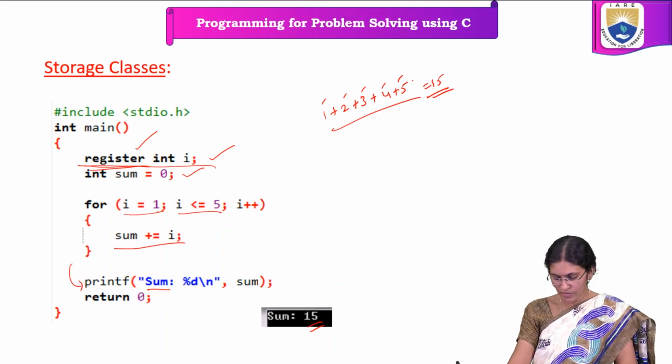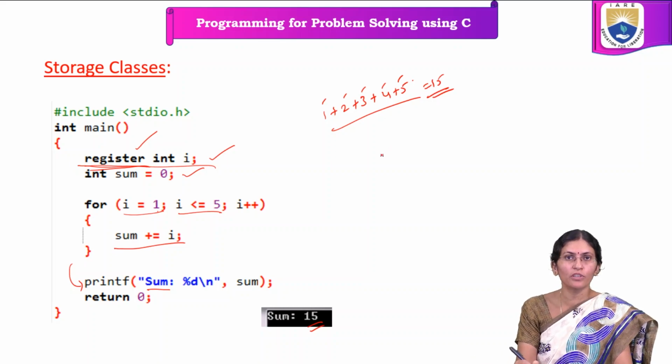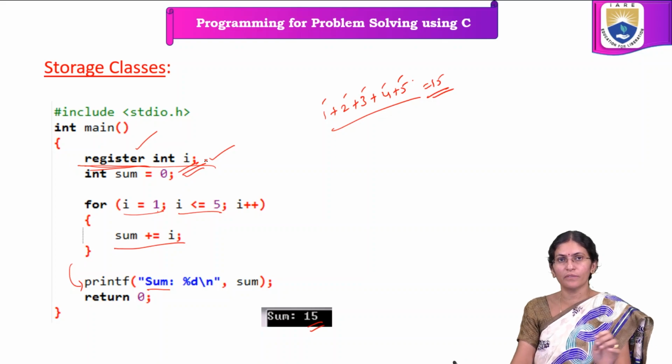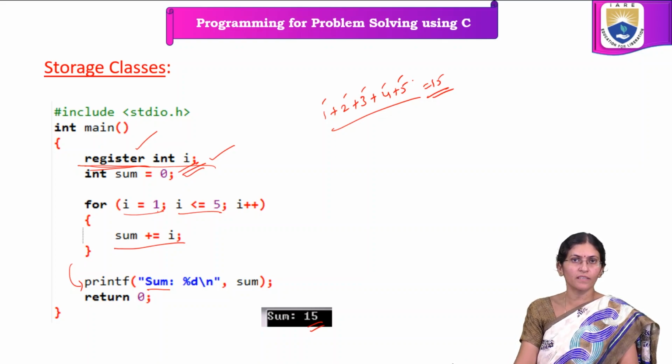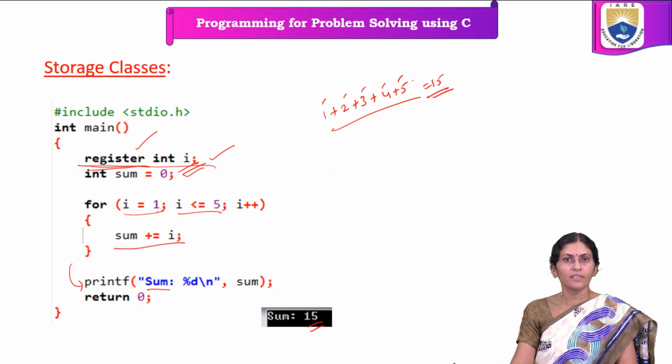So this is register. One more important point to note here is that we cannot access the address of this register variable. The compiler will give an error. It is not possible to access the address of a register variable.